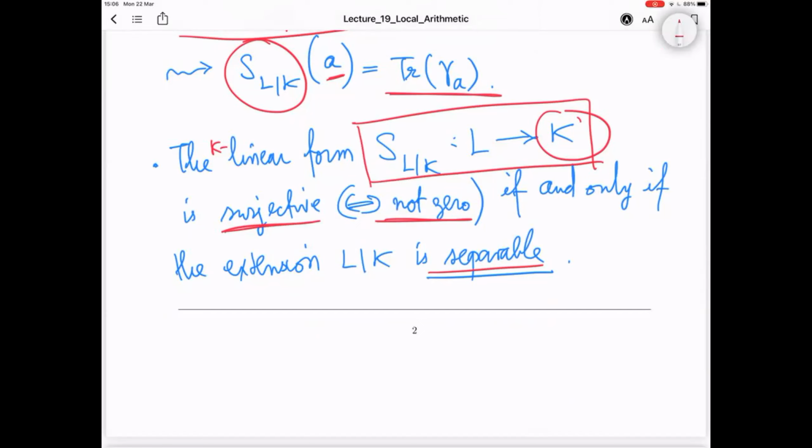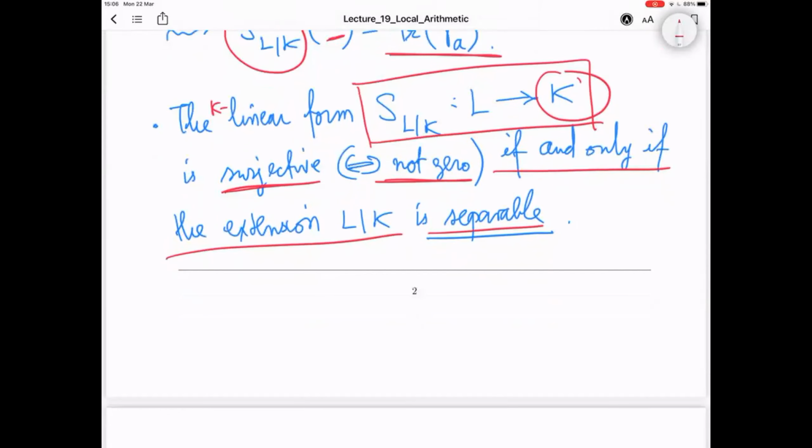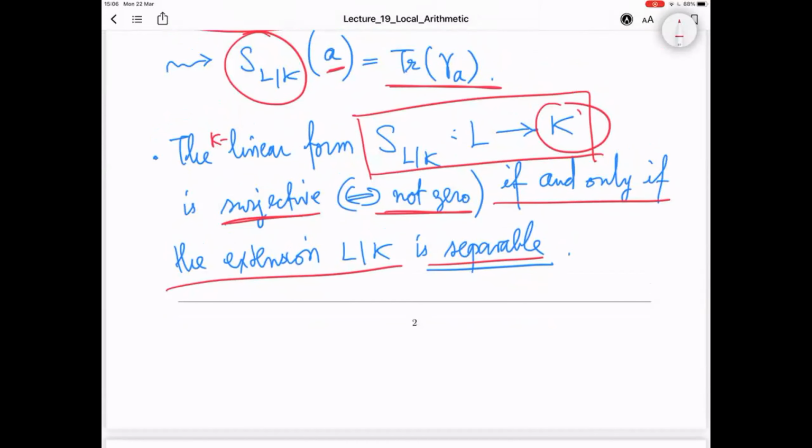And that condition is equivalent to the extension L over K being separable. So here is one way of understanding separability: an extension L over K is separable if and only if the trace L over K is not the zero map.